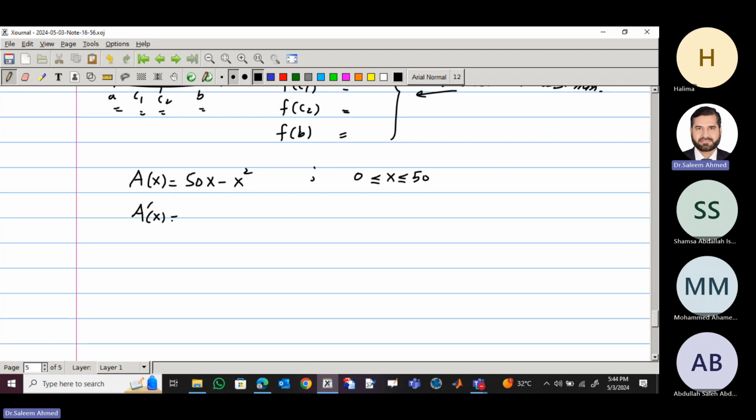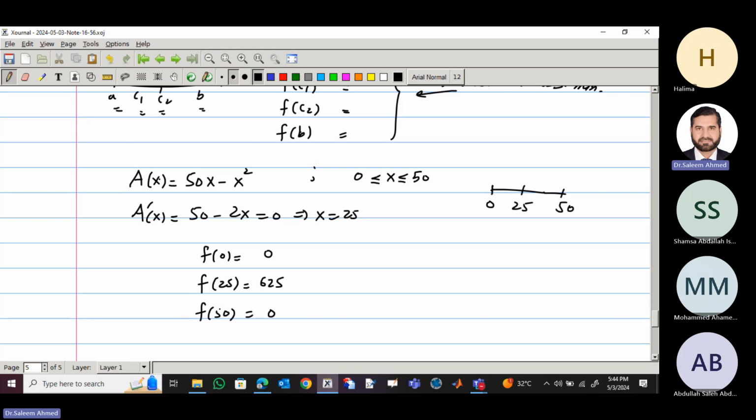Finding the derivative, which is 50 minus 2x, put it equal to 0 and get x. X is 25. So only one critical point. So I have an endpoint, a critical point, and another endpoint. So I will find the function value at 0, at 25, and at 50. At 0, it's 0. At 50, it is 0. At 25, it is 625.